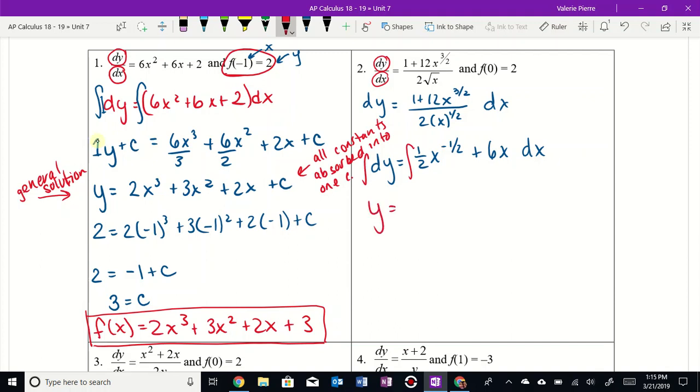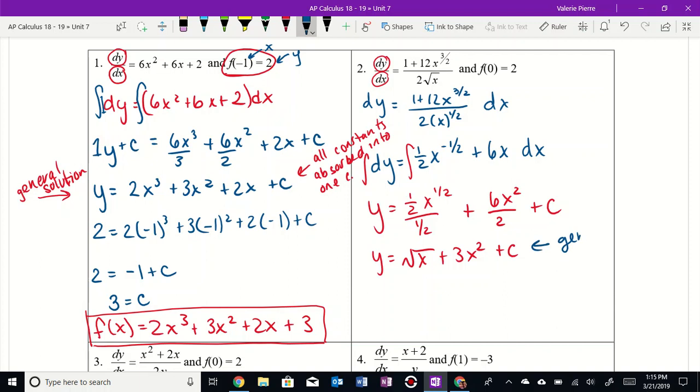So now we can integrate both sides of this, and we get y equals 1 half x to the 1 half divided by 1 half, plus 6x squared divided by 2 plus c. Okay, and if we simplify that, that's y equals square root of x plus 3x squared plus c.